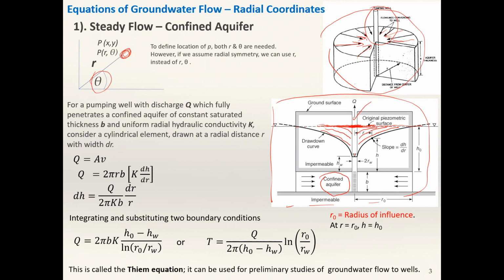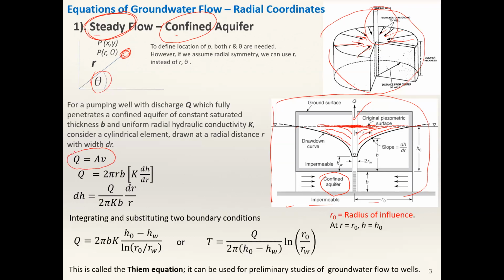Now we write this equation for the steady state. This is the assumption, and it is a confined aquifer. So we want to understand how our equation will be different when we have a confined aquifer and when the flow is steady. Right? So as usual, we use the continuity equation.